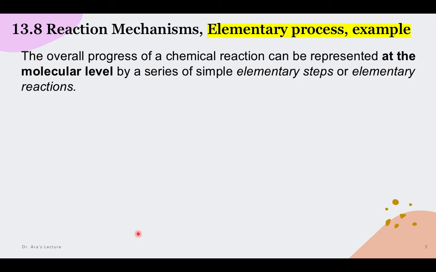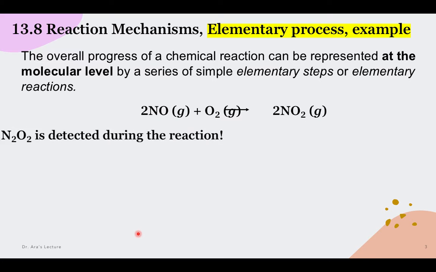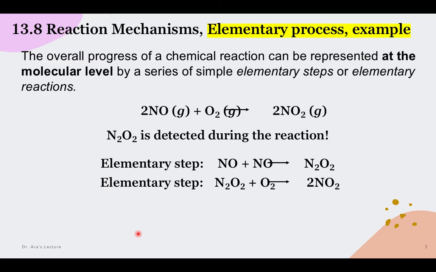We can write the exponent by observing the stoichiometric coefficient, but this is acceptable only for the elementary process. So let's now see some examples.